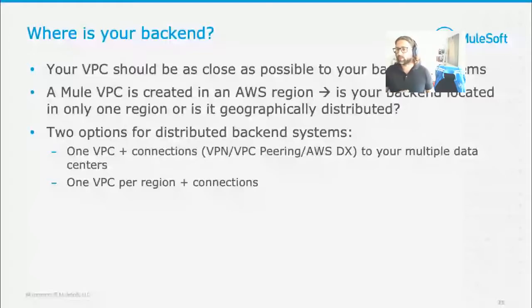So if, for example, our data center has locations in three main regions, in America, in EMEA, and in APAC, what I would be doing is creating three VPCs, each VPC in one of the regions closest to America, EMEA, and APAC. And from every VPC, I would be creating a connection, a VPN, or a VPC peering, or a direct connection to the closest data center location.